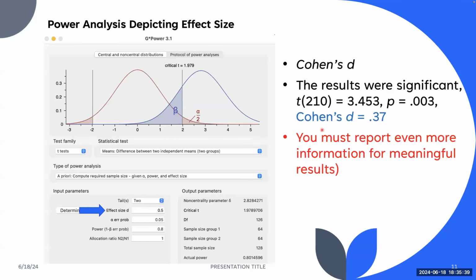But now I'm saying we must go even further. So the results were significant. Measure of effect was 0.37. But what else are you asking for, Dr. Taylor? What I'm asking for now is, because we're never 100% sure, remember, we're talking probabilities.